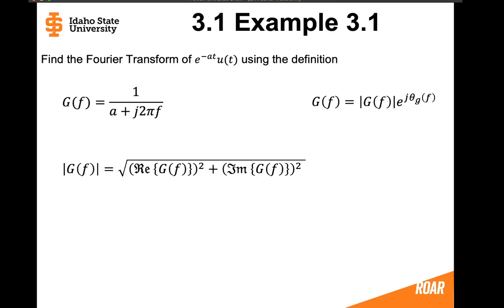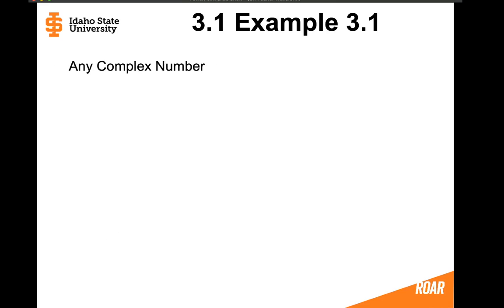So in this case, or any case where we have an imaginary number, we can find the magnitude response as being equal to the square root of the real part squared plus the imaginary part squared. And we can also find the angle of this by taking the inverse tangent of the imaginary part divided by the real part.